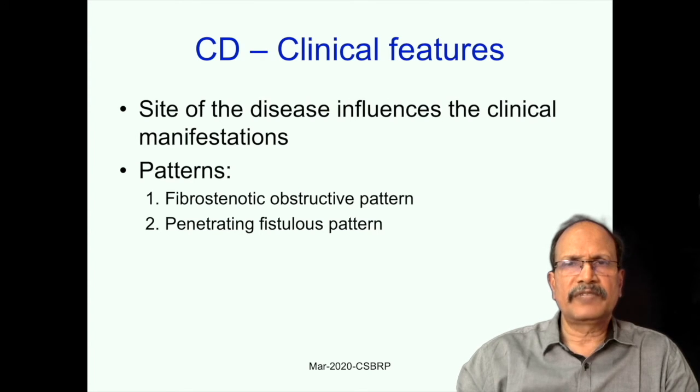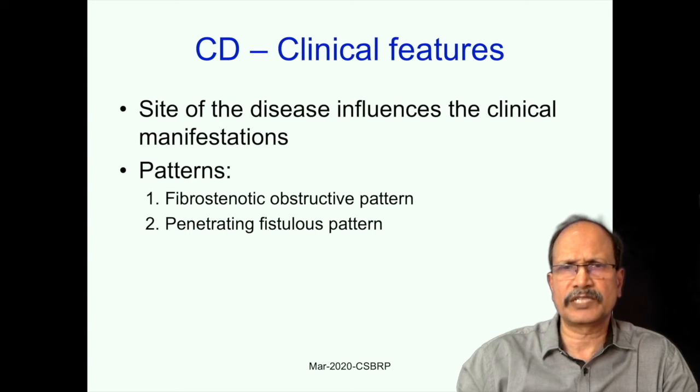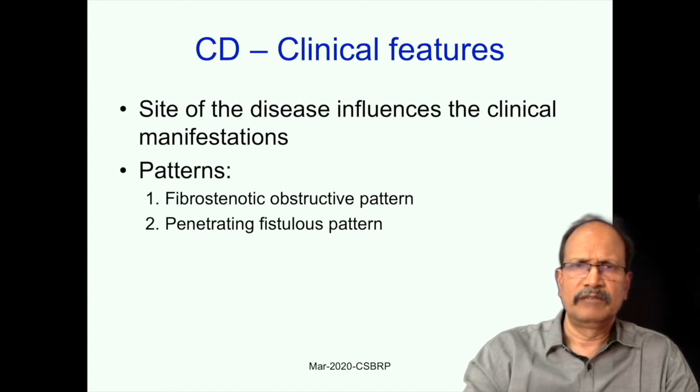Clinical manifestations depend upon the site of the disease and patterns of affection. For example, if it is fibrostenotic obstruction, then probably the patient will come to you with intestinal obstruction. If it is penetrating and communicating type, the patient may come to you with fissures and fistulas.